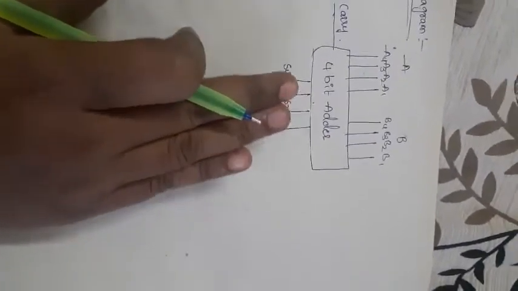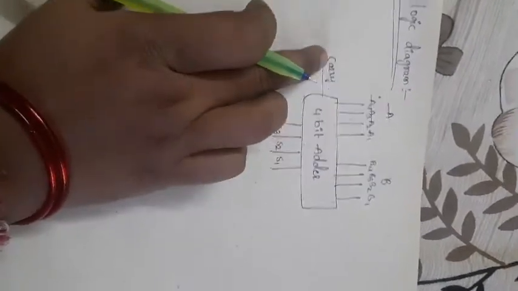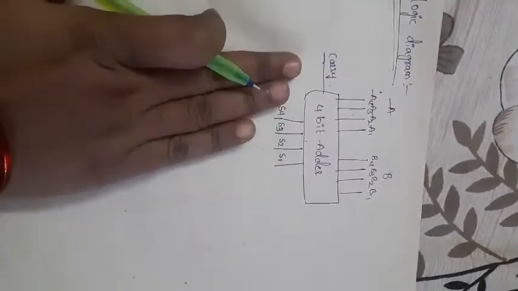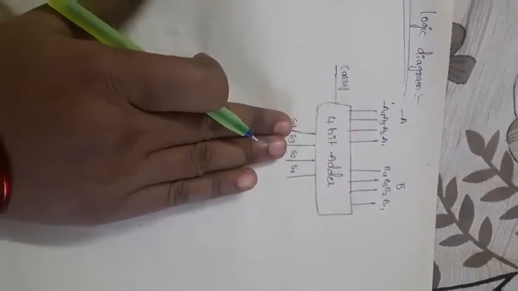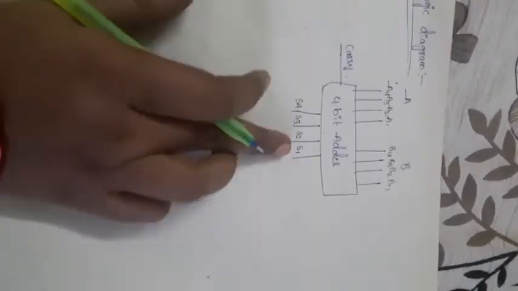If this sum exceeds 9, or a carry is generated, in this case you need to add 6 to this sum. We need to add 6 to this sum if a carry is generated or the sum exceeds 9. We compulsorily need to add the number 6. So now I am taking the sum line with an extension.